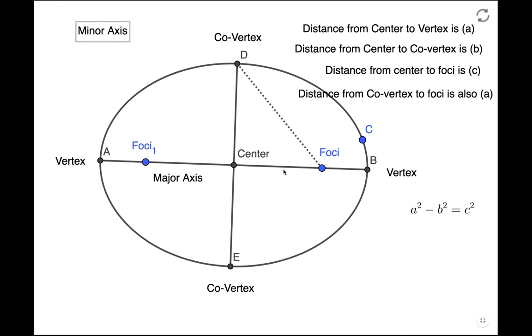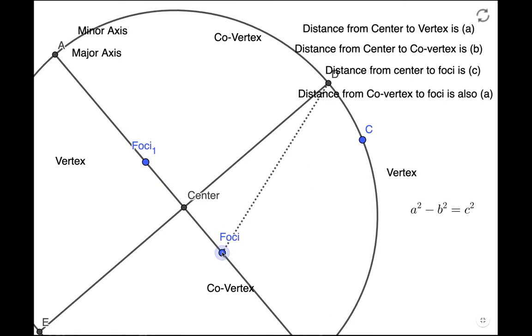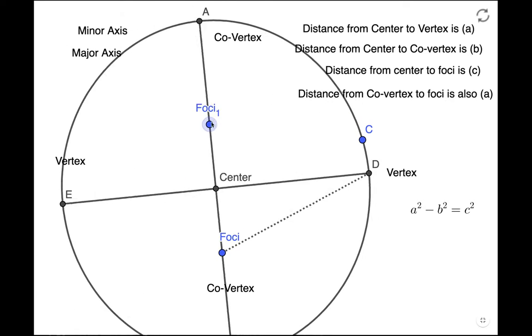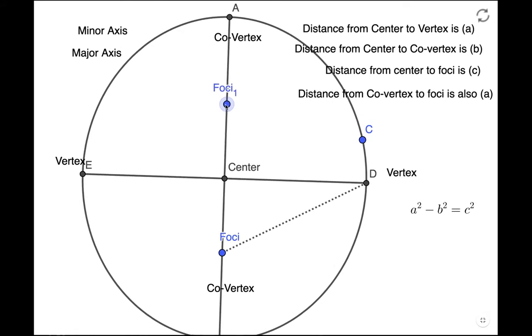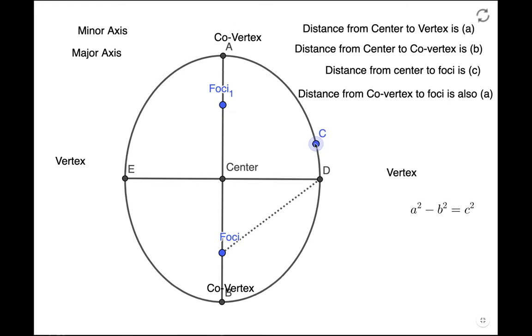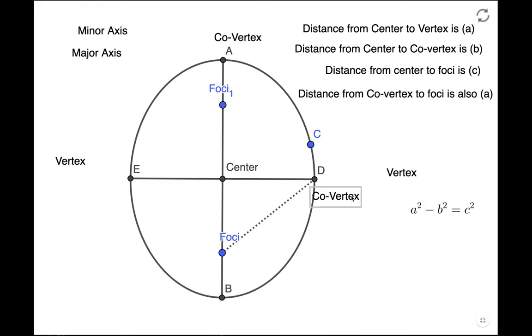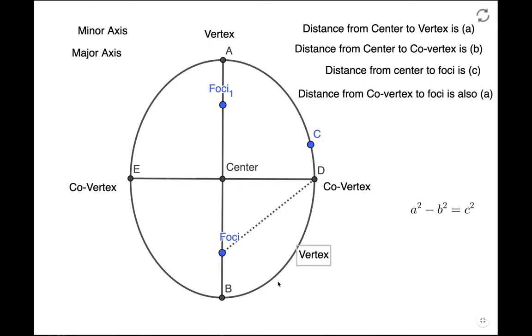One thing I want to emphasize is that the major axis doesn't have to be horizontal. I could actually rotate this, and I'm going to have to make this a little smaller, adjust the co-vertices now to be on the sides, and the main vertices would be above and below.